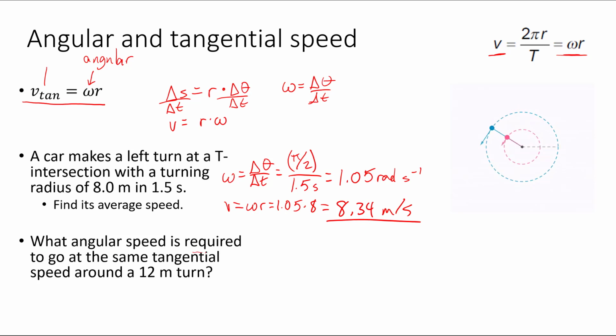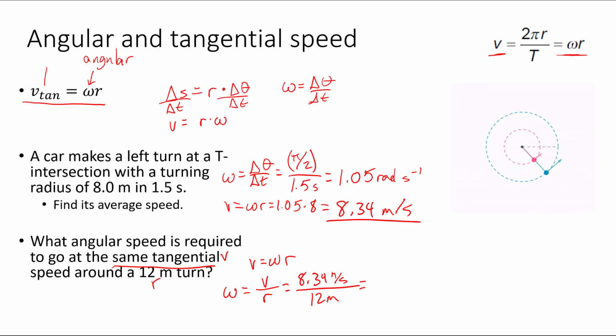Okay, part 2: what angular speed is required to go at the same tangential speed around a 12-meter turn? Same tangential speed means same linear speed, so we know v, and we know r. v equals omega r, and we're looking for omega this time, so omega is v over r. Our speed is the same as before, 8.34 meters per second, and r is 12 meters.